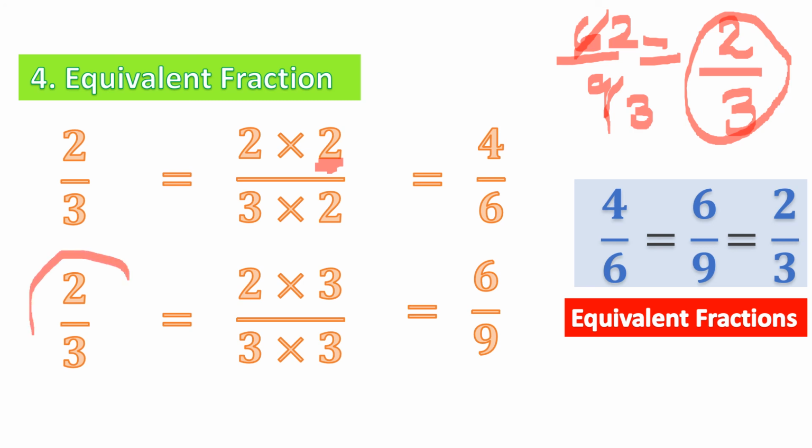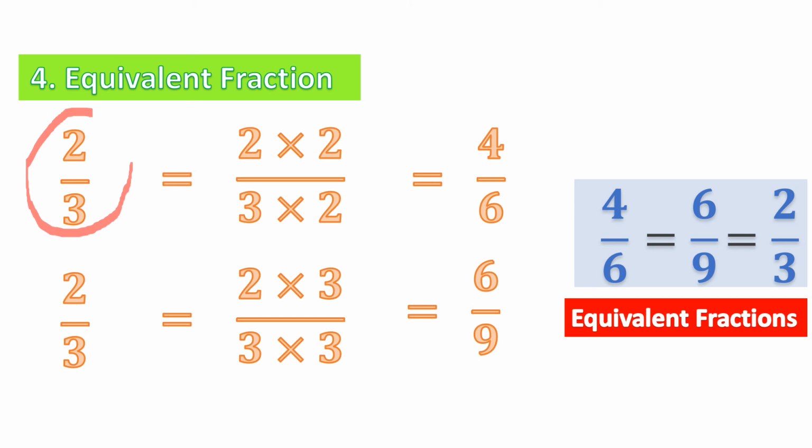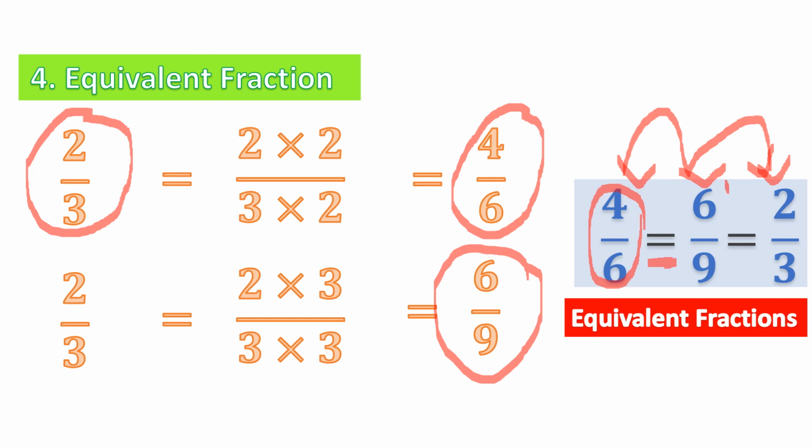So they are all equal to one another. 4 by 6 is equal to 6 by 9 and that is equal to 2 by 3.